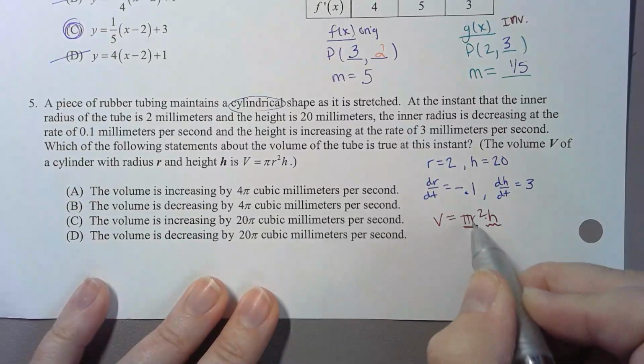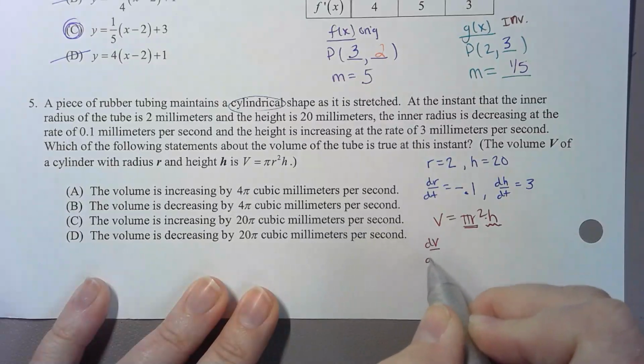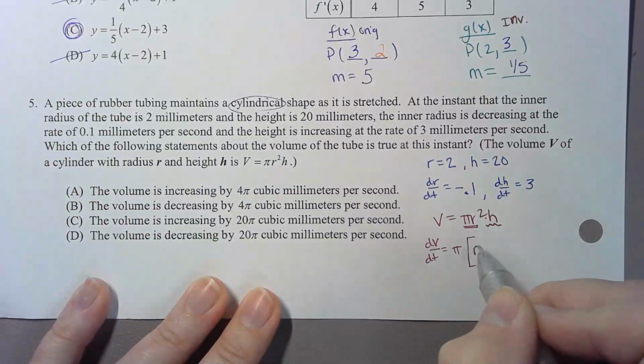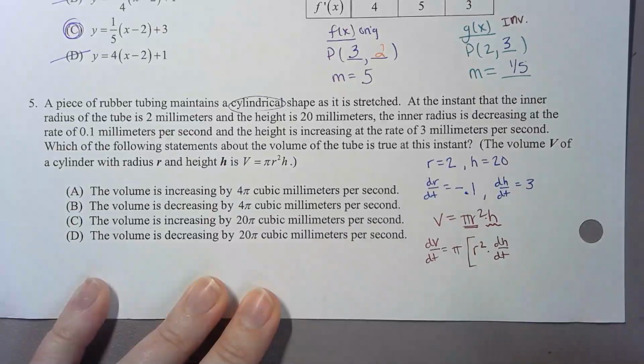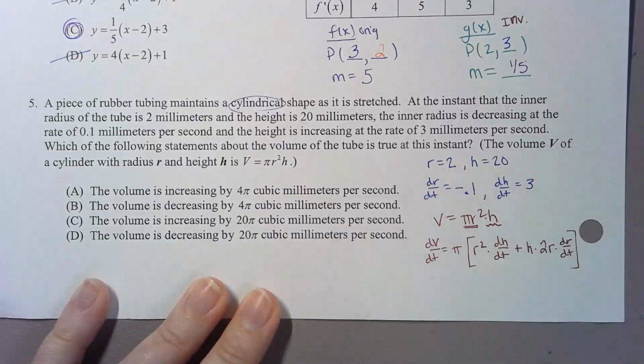Actually, I'm going to leave the pi out in front, as a constant multiple. So dV/dt equals, there's my pi, the first, which is r squared, times the derivative of the second, which is dh/dt, plus the second, which is h, times the derivative of r squared, which is 2r, chain rule says, times dr/dt.